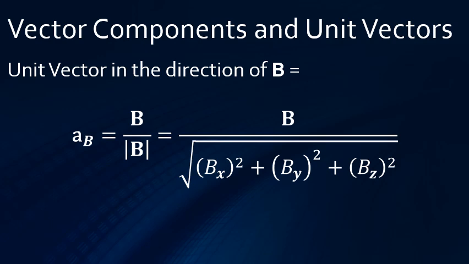At dahil may formula na tayo for magnitude of vector b, substitute lang natin. So, the unit vector in the direction of b would be equal to the vector b divided by the square root of bx squared plus by squared plus bz squared. Or sa definition, unit vector in the direction of b is equal to the vector b itself divided by the magnitude of vector b.